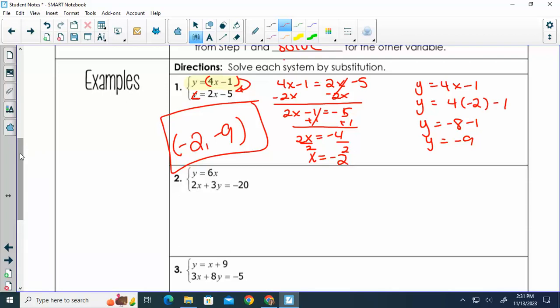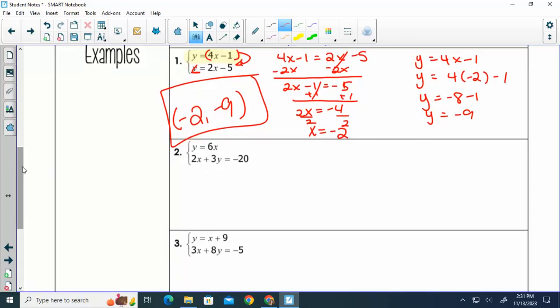Number 2. One of the equations has to be x equals or y equals. And the first one is. It tells me y equals 6x. So what I'm going to do is take that and sub it into the second equation. So we have 2x plus 3 times y.